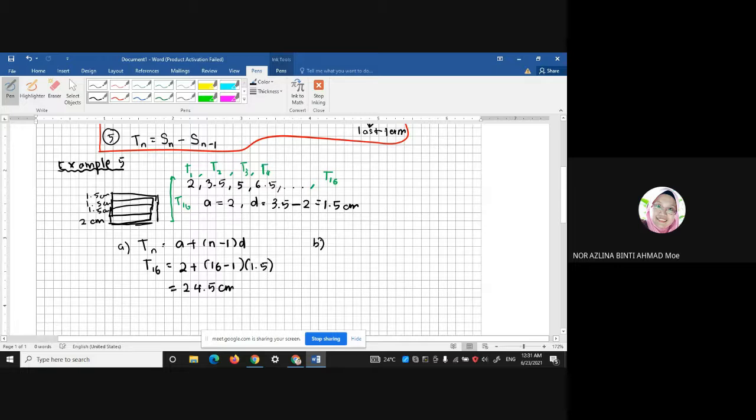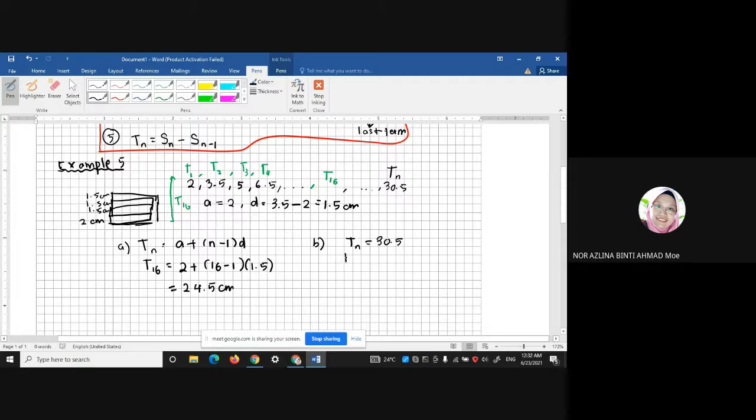the number of books if the height of the books is 30.5. Maknanya nak cari, dia bagi 30.5 tu adalah Tn. Okay, maknanya dia sambung sampai 30.5. Nak tahu ini berapa? Ini buku yang keberapa? Tinggi dia 30.5.